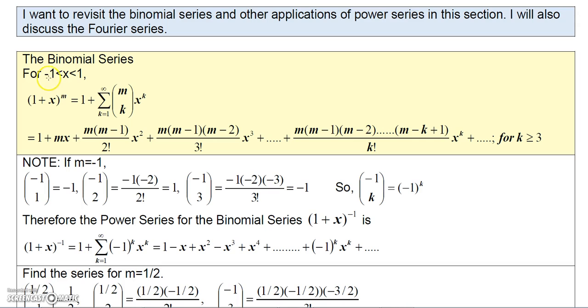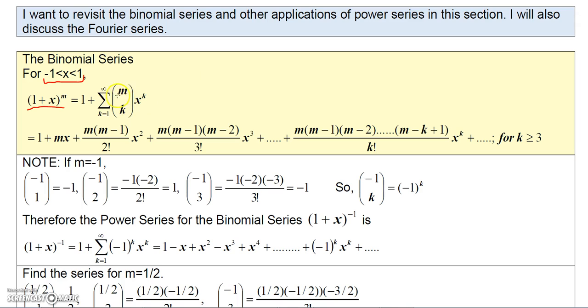The binomial series for -1 to 1, if you take 1 plus x raised to some power called m, where m is a real number, then that can be written as 1 plus the sum of k equals 1, and then you have a combination of m choose k times x to the k power.